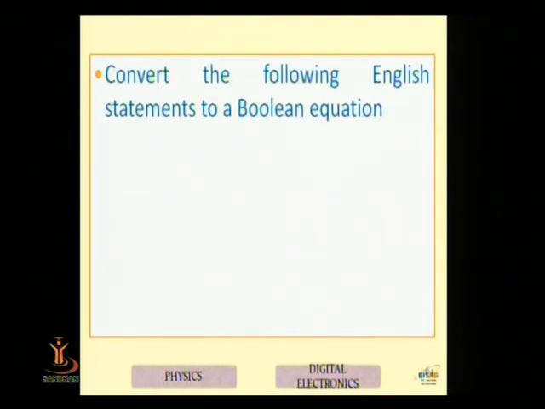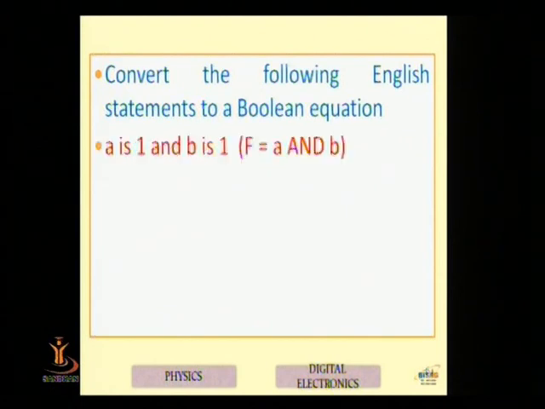I may take the next example, but it is okay. Now here I have another example for boolean. Convert the following English statement to a boolean equation. Here the statement is A is 1 and B is 1. And means AND, dot, you need to do ANDing.